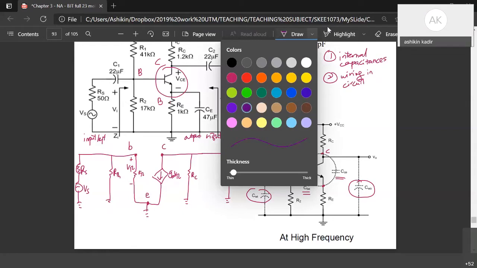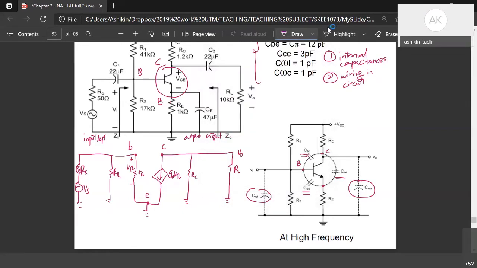Okay. Then after you draw your hybrid pi model circuit, you need to draw the capacitors for the circuit. So here we have CWI at the input, and then at the output, you have CWO.